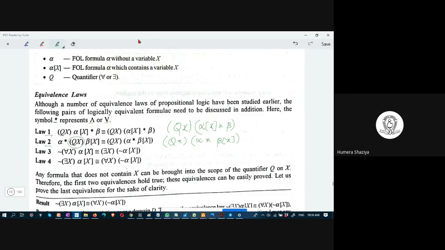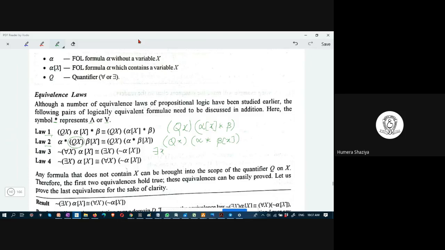Law number 3. It states that if there is a statement like not for all x alpha of x, this can equally be written as follows. If there is a not placed before for all, it gets converted into there exists.